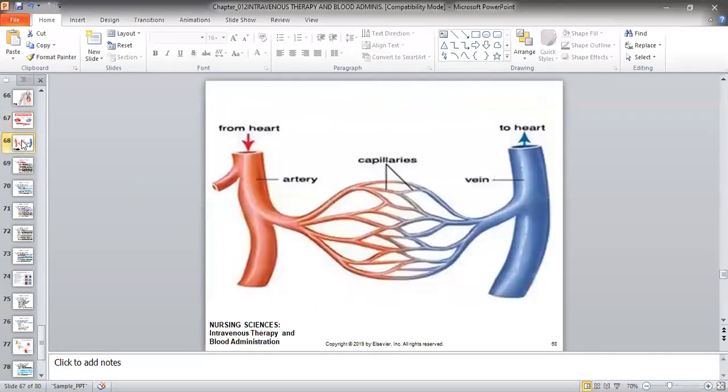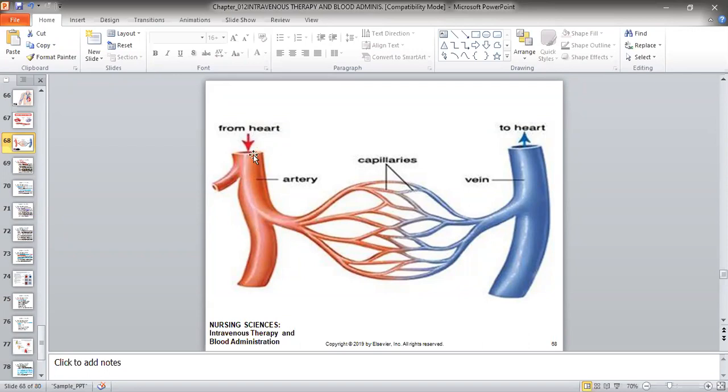So this picture shows, at the molecular level, where blood transfusion or blood exchange occurs. It is the artery. The artery is indicated in red because it carries oxygenated blood, whereas the venous system contains deoxygenated blood, meaning they carry carbon dioxide.